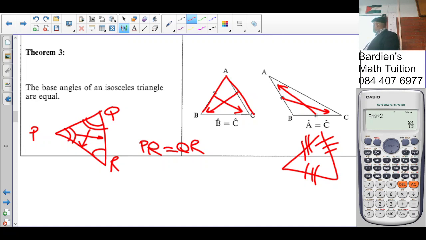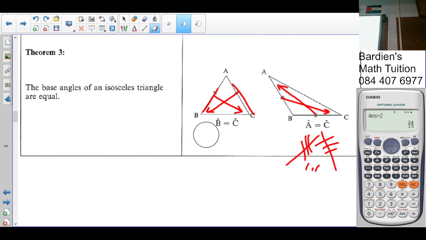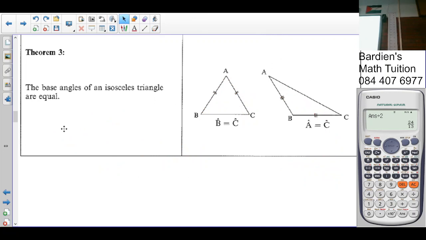So the lines should not mesmerize you or make you confused. This here, the arc, I just added an extra one. Okay, let's look at more examples.